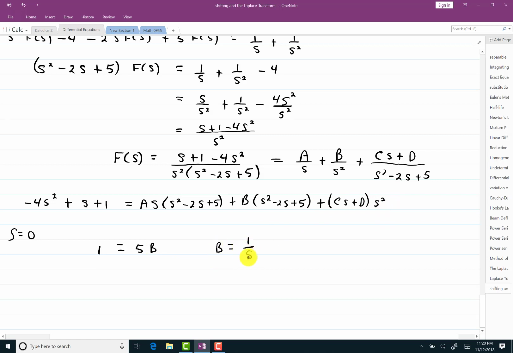Now from here, you can plug different numbers in, but I find it a serious pain to try to get a, c, and d, because I'm going to have a series of 3 equations and 3 unknowns. So instead of all that, what I'm going to do is the following. I'm going to take this and keep it in mind. It's still valuable that I got b equals 1/5.